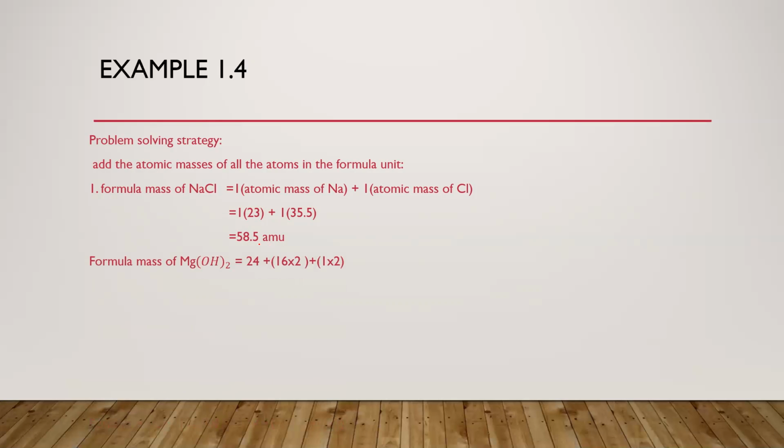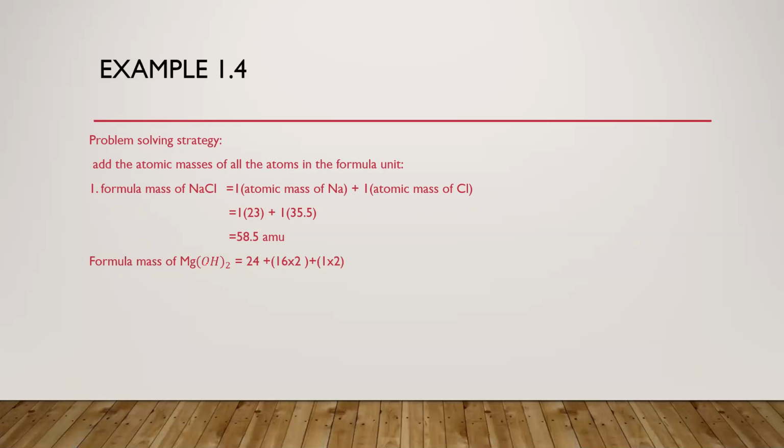Now the formula mass of magnesium hydroxide is 24 plus 16 multiplied by 2 plus 1 multiplied by 2. Here the mass of magnesium is 24. There is 1 magnesium, so we write 24. In OH, O means oxygen. Oxygen mass is 16. And here how many oxygen? 2.